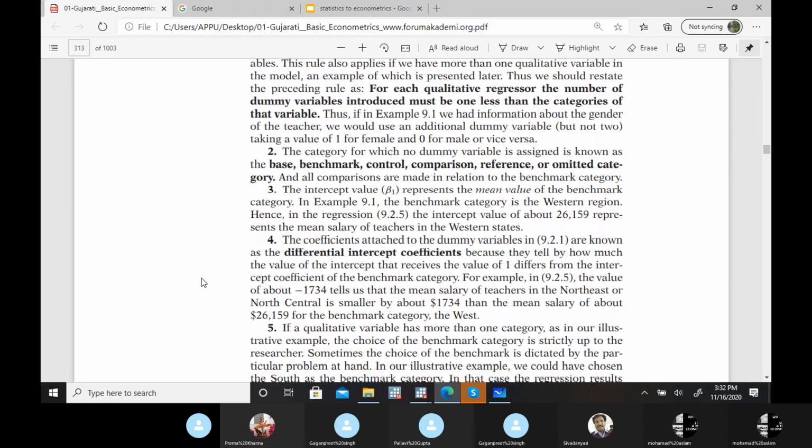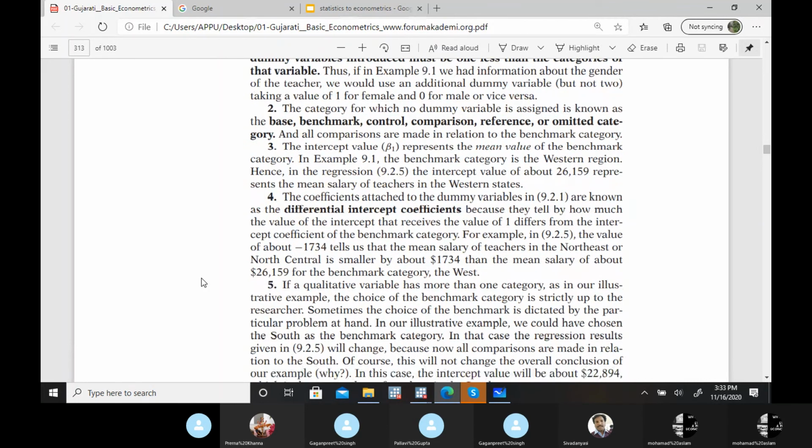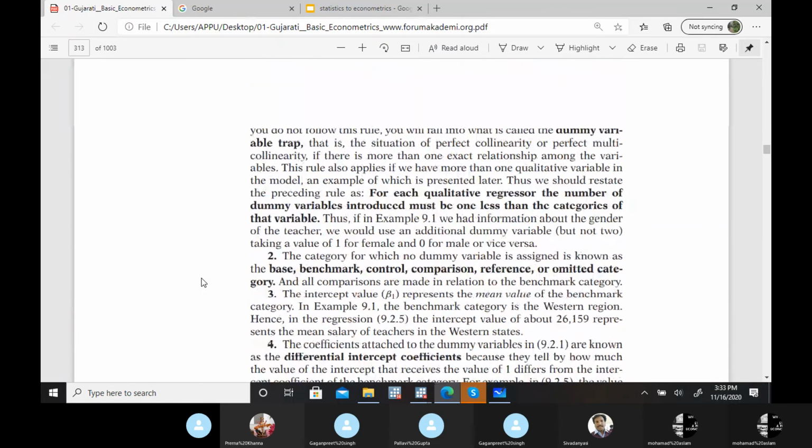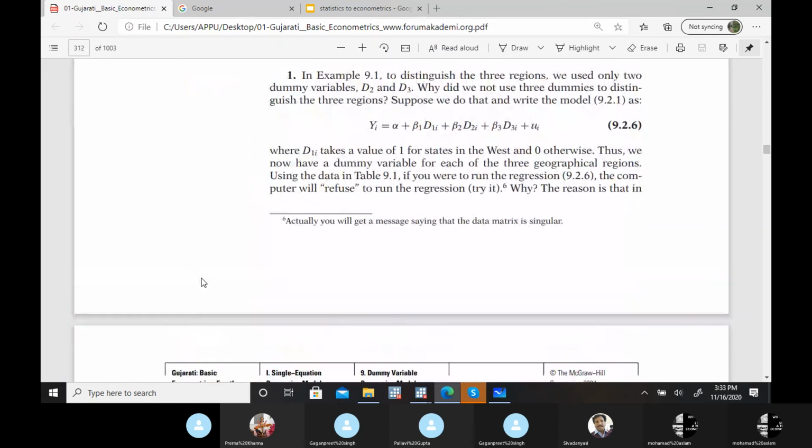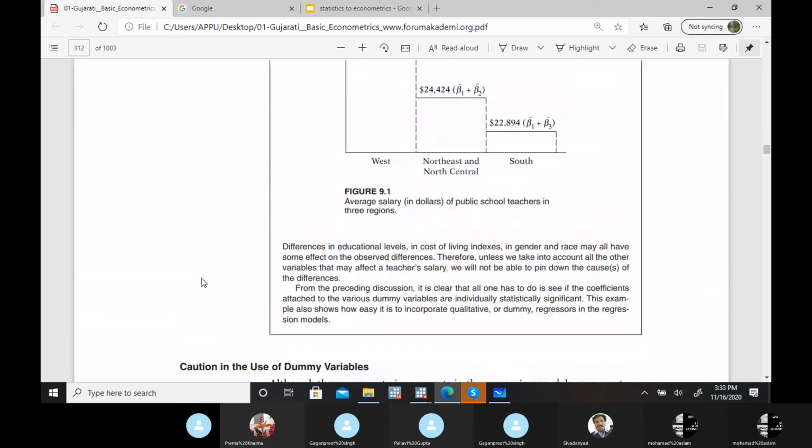Second, the benchmark category is the category for which no dummy variable is assigned. For example, in our case, we have not assigned any dummy variable for West. That is the base benchmark category, and all the comparisons are made in relation to the benchmark category. Then the intercept represents the average value for the benchmark category. For example, here we have $26,158 as the average salary for the intercept.